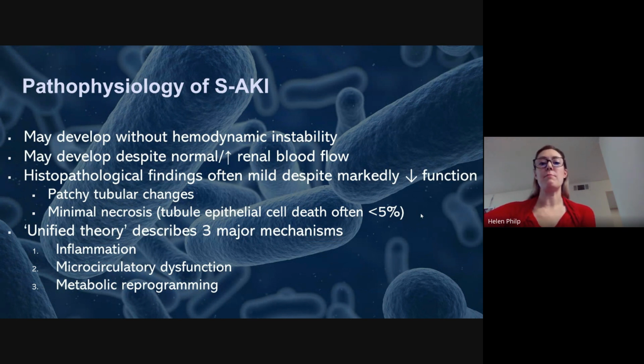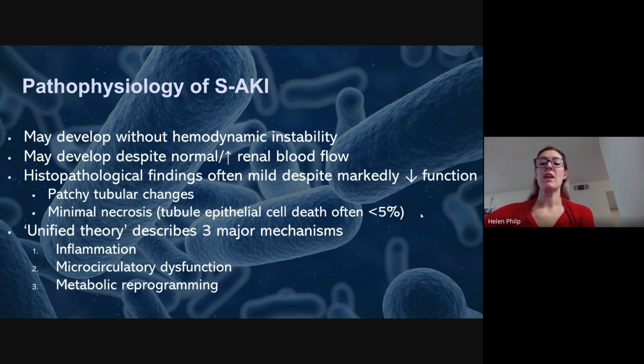In a lot of experimental models, they found you could have even increased renal blood flow and still develop an AKI. And the other thing that doesn't match up is that you could have a patient with very severe decrease in kidney function, but the actual histopathologic changes were surprisingly mild.